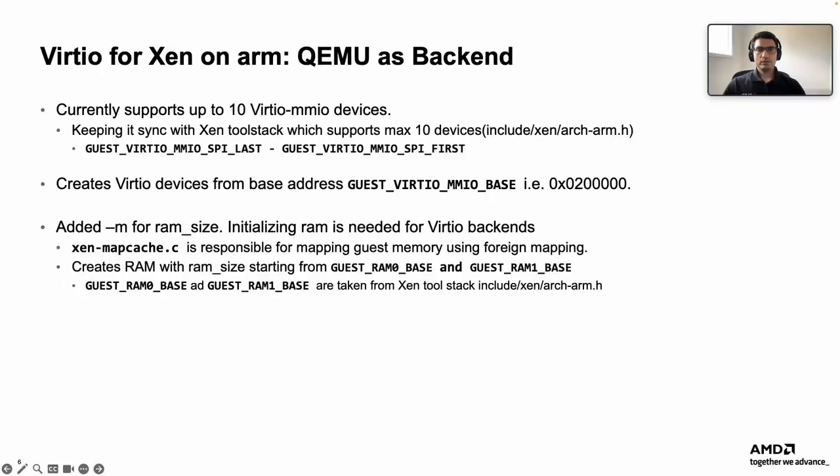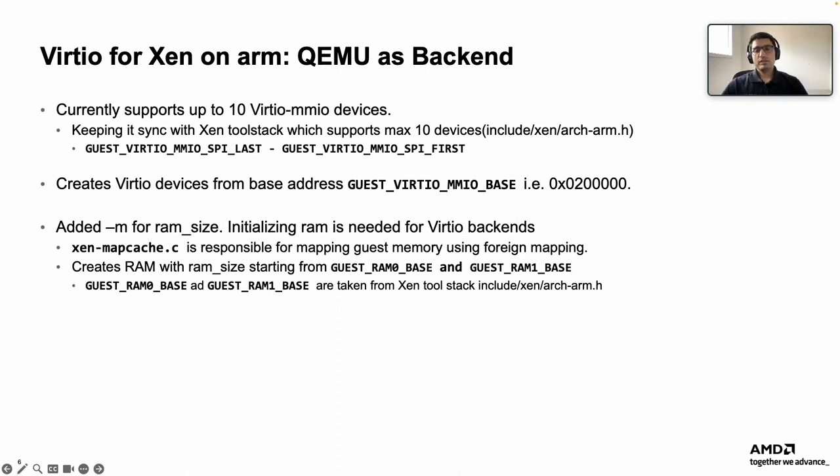Okay, next, VirtIO for Xen on ARM with QEMU as backend. In order to use VirtIO backends, we need to allocate VirtIO memory parameters like base address and IRQs, and also register the corresponding VirtIO buses in this Xen PVS machine.